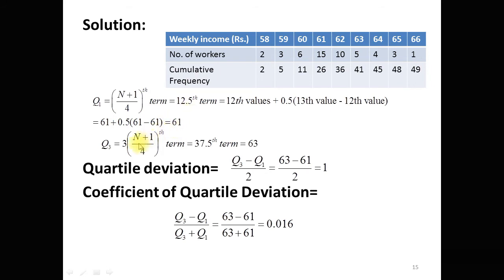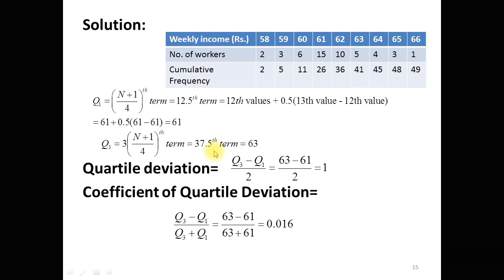Now for the third quartile, the position is given by 3 times (n plus 1) divided by 4. Since there are 49 terms, 49 plus 1 is 50, 50 divided by 4 is 12.5, and 12.5 multiplied by 3 gives 37.5th term. So again using this expression, the Q3 value lies at the 37th value plus 0.5 times (38th value minus 37th value).